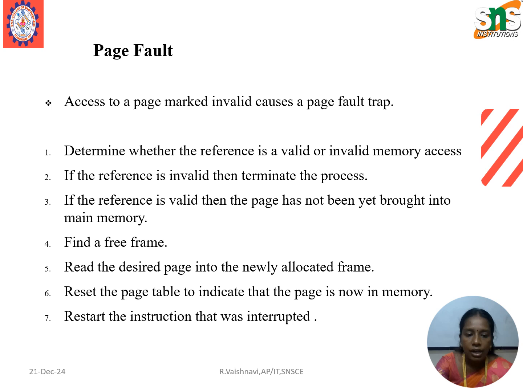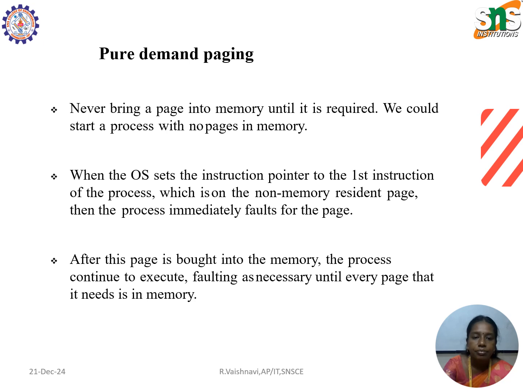Fourth, find a free frame. Fifth, read the desired page into the newly allocated frame. Sixth, reset the page table to indicate that the page is now in memory. The last one is to restart the instruction that was interrupted.